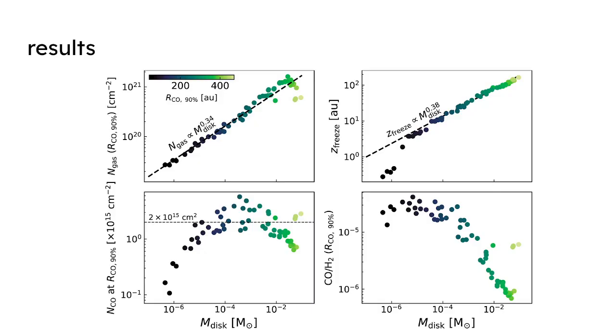The thing is that this Z freeze is not actually determined by CO abundance. They don't trace where CO abundance becomes comparable to CO ice abundance. This is basically the position of a temperature isoline.